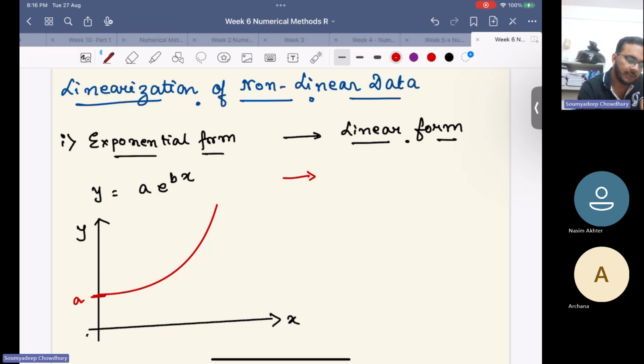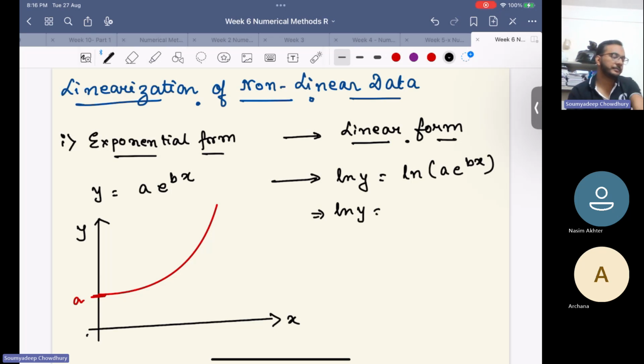If you take logarithm on both sides, suppose I take ln on both sides, it will be ln y equal to ln of a e to the power bx. So how can you write the right hand side? ln a plus bx, right? Yes, ln e is 1.